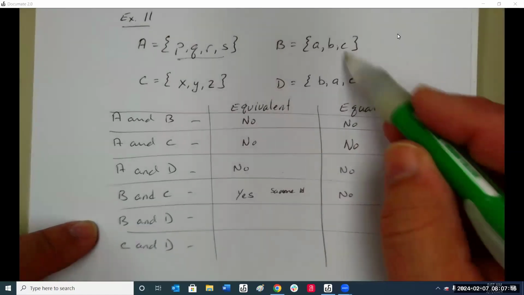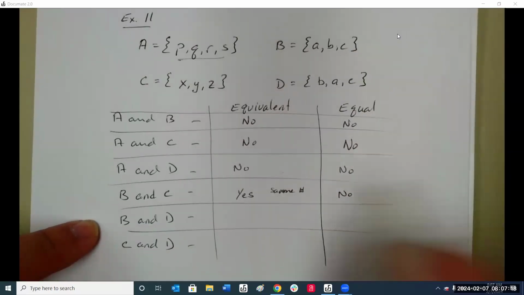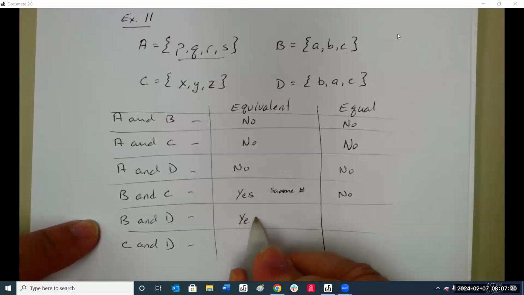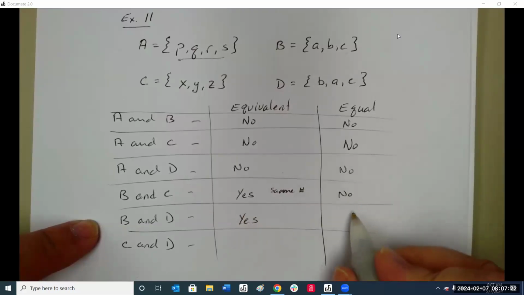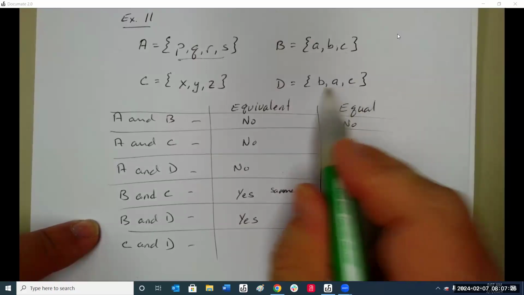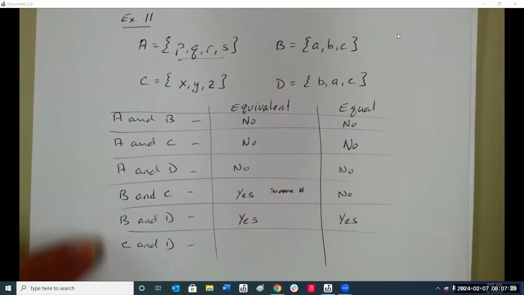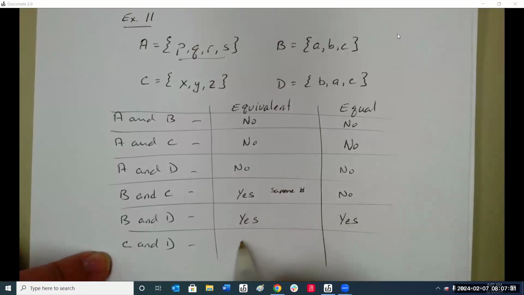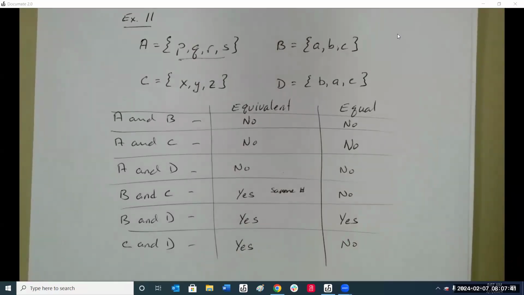B and D. They both have 3. Are they equivalent or equal? Yes. Just because this was out of order, it doesn't matter. How about C and D? Equivalent? Yes, they both have 3. Equal? No. So those are the differences.